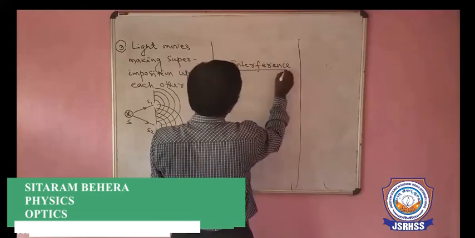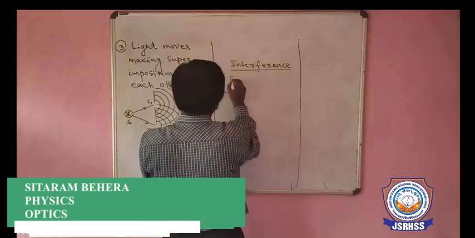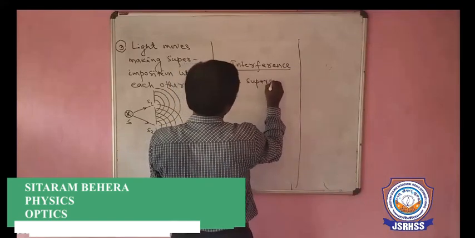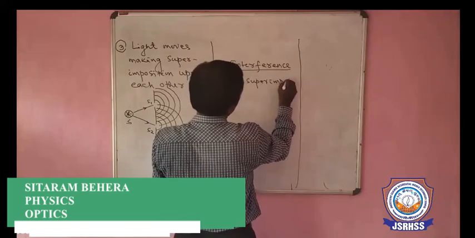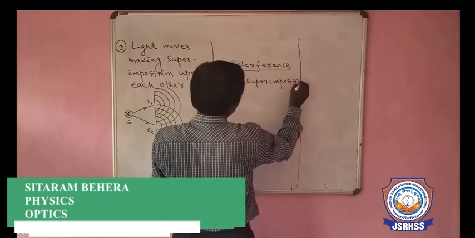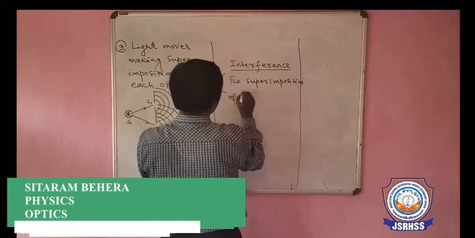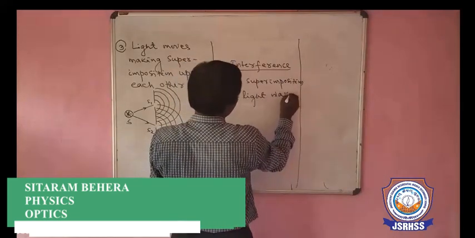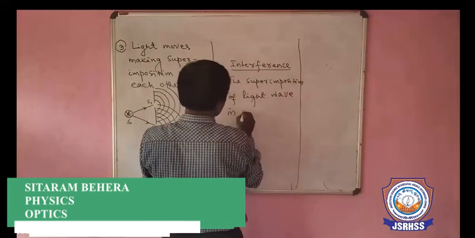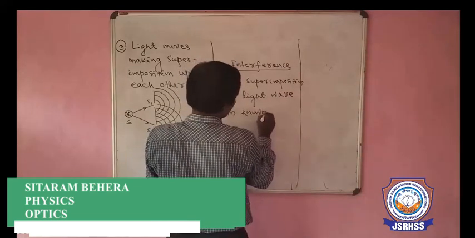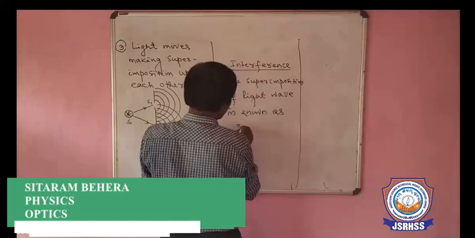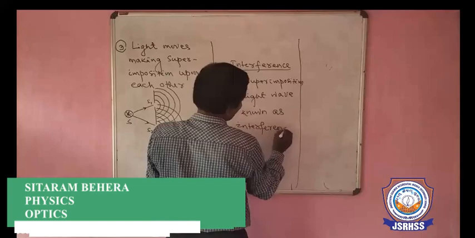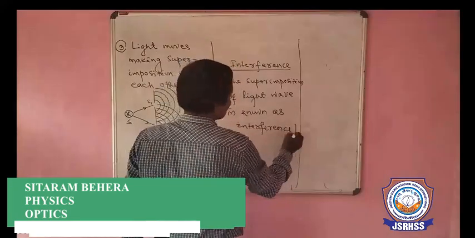The superimposition of light wave is known as interference.